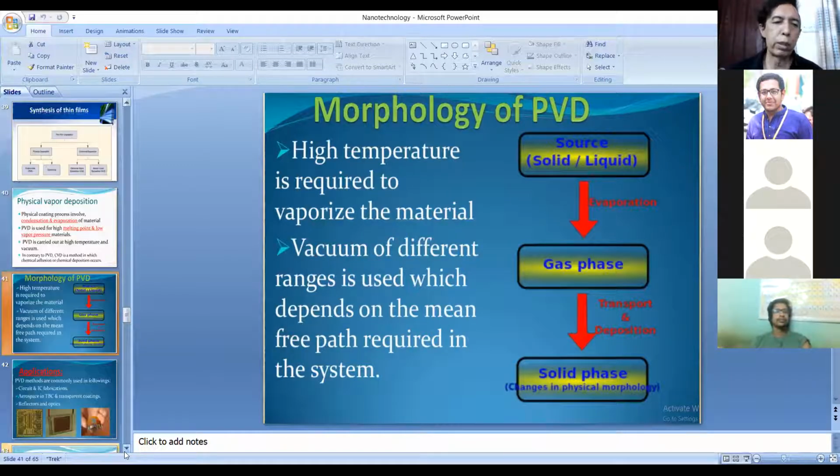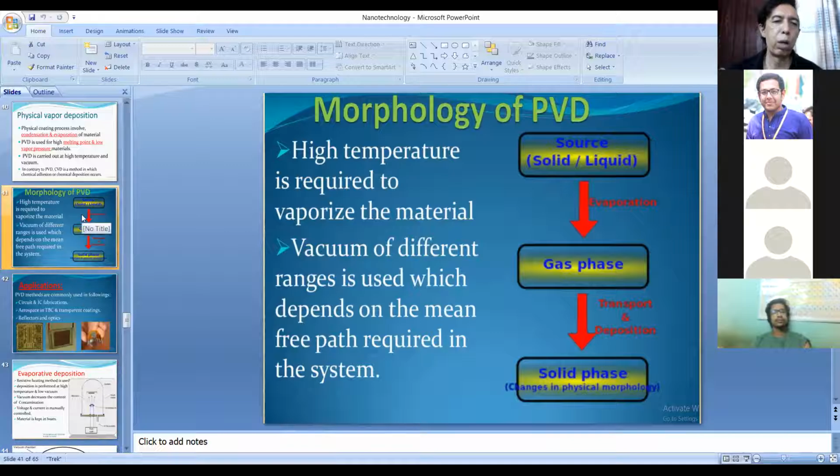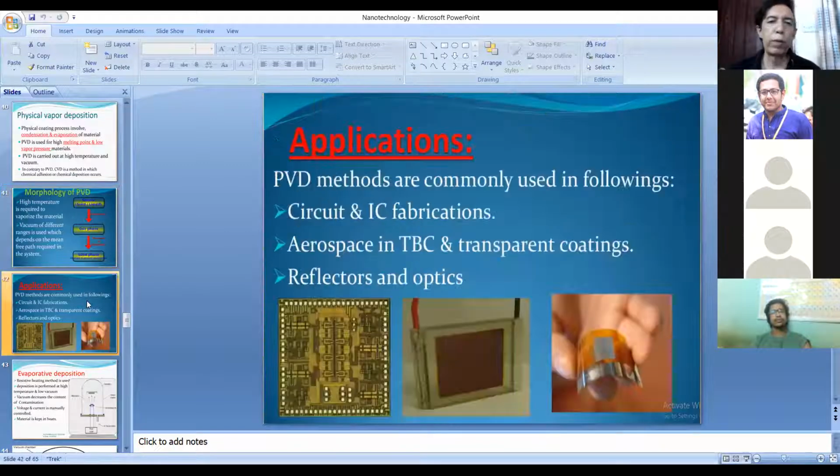Now we'll tell about why vacuum is required. First we see the application of PVD. PVD methods are commonly used in circuit and IC fabrications, aerospace in TBC and transparent coating, reflectors and optics.